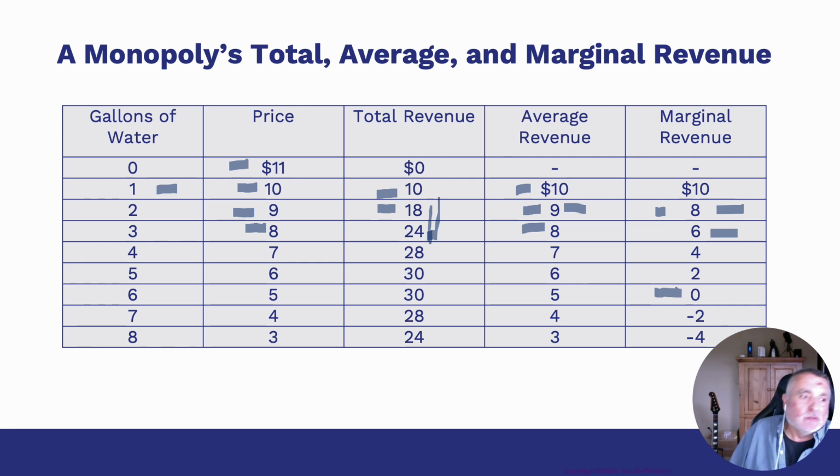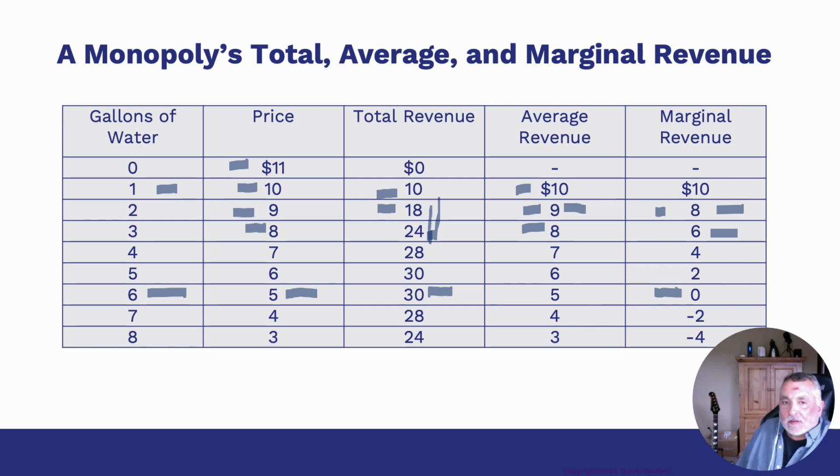Remember, the golden rule is that marginal revenue equals marginal cost is where we want to produce, or where we want to sell. So in this case, by looking at this table, we can say that this monopolist should charge $5 per gallon. They would sell 6 gallons that day for a total revenue of 30. Their average revenue is still higher. I mean, it's better.